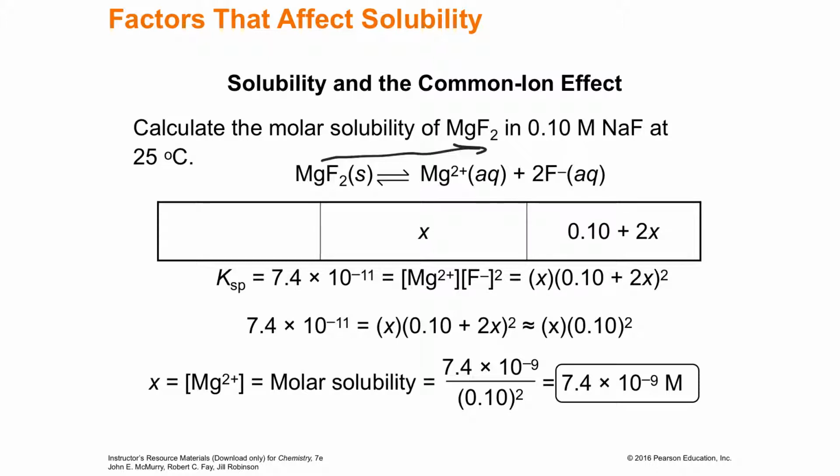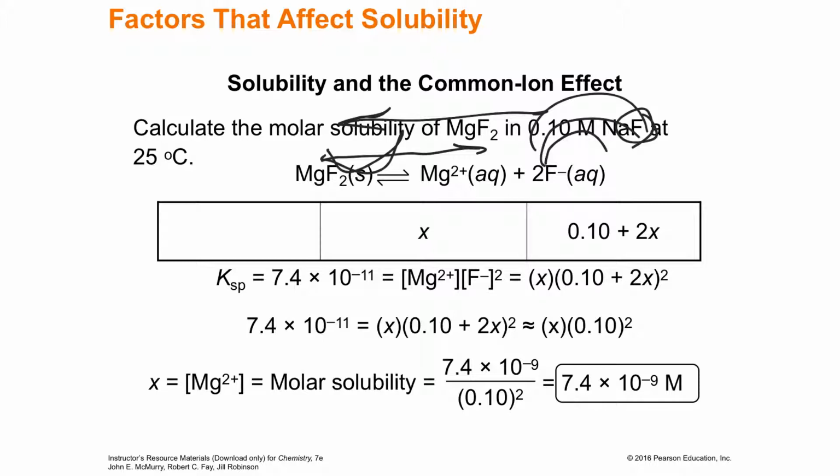If I dissolve some fluoride to where I've got a big hump of fluoride, then essentially the left side becomes a dip, and this is going to go backwards and make less, so it's not going to have as much concentration of magnesium and fluorine, and so the solubility will drop.